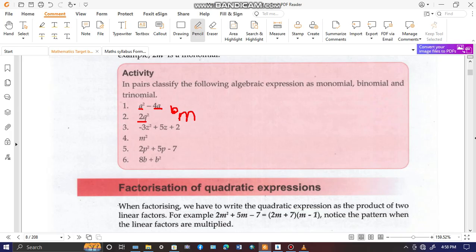Then in this third example, you have negative 3z squared plus 5z plus 2. If you count the number of terms, it is 1, 2, and 3. So this one qualifies to be a quadratic trinomial.